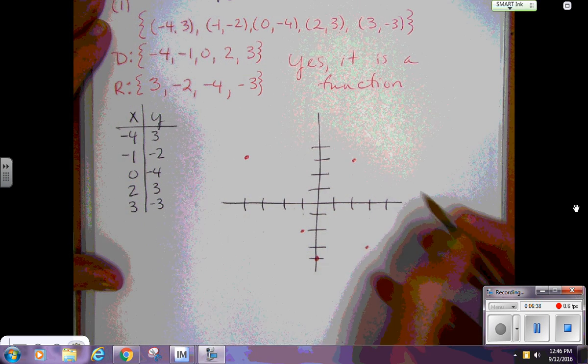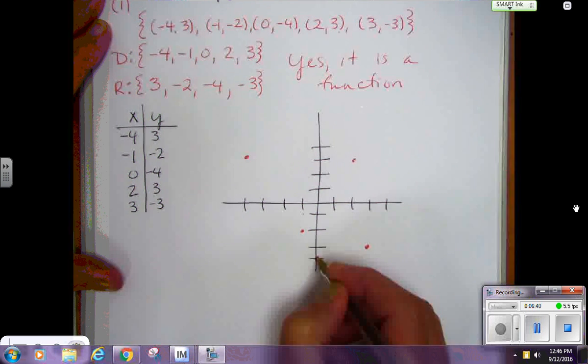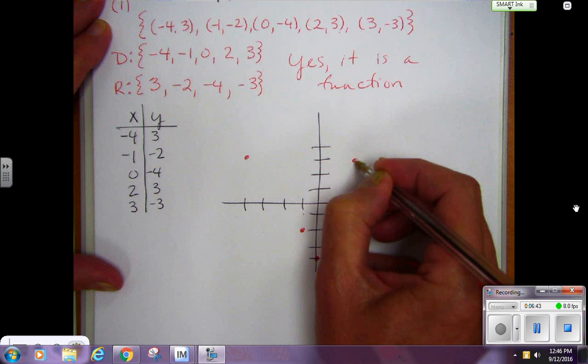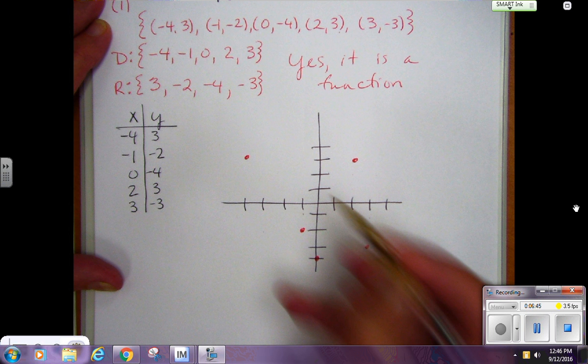Alright, so here are my points. Now when you're given just a set of points, you do not draw a line and connect them. This is your graph. It's just a set of points.